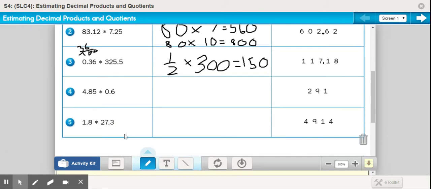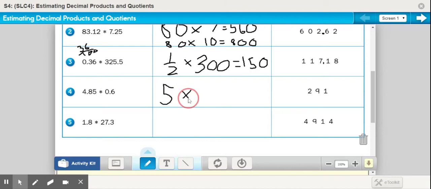Number 4. If we look at number 4, 4 and 8500ths, what is that going to turn into? Right, 5.